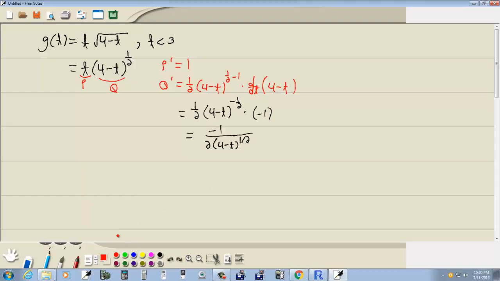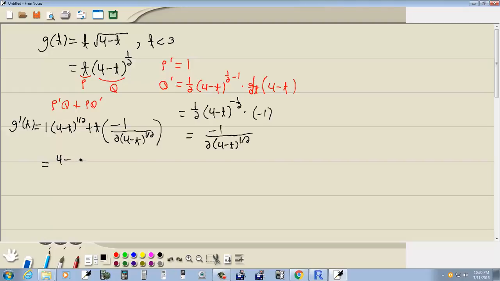Okay. So now we got p prime q plus p q prime. So for our derivative, p prime was 1 times q, which is 4 minus t to the 1/2 power, plus p, which is t, times q prime, which is negative 1 over 2 times 4 minus t to the 1/2 power.